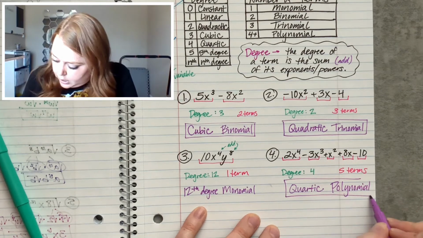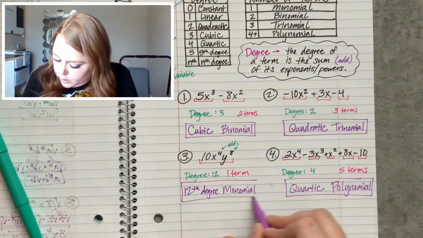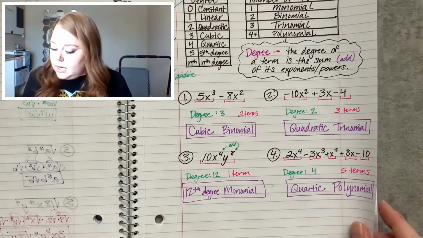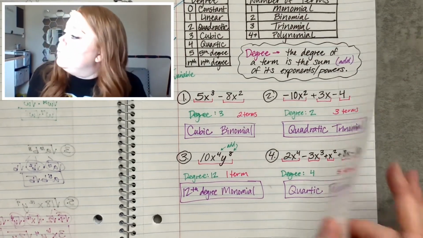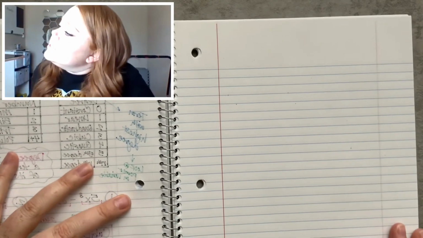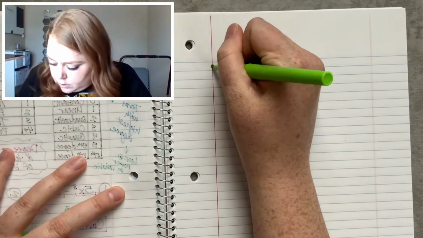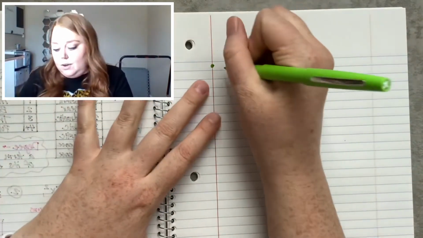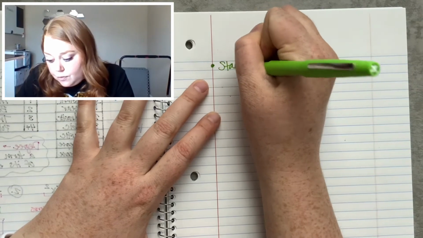Okay, so this is a quartic polynomial. All right, next up, we're going to talk about writing polynomials in standard form. So I want you to know how to name them, but I really, really want you to know how to write things in standard form.